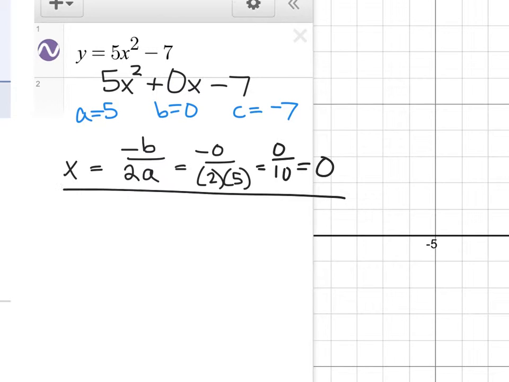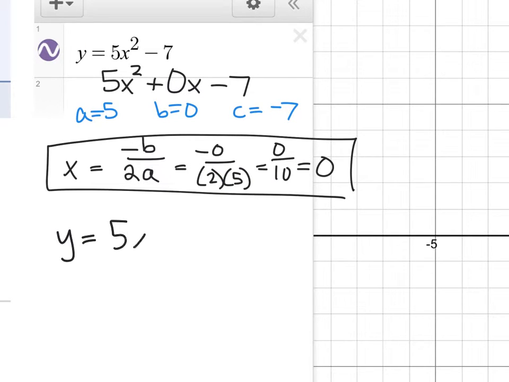So the x value is 0. Now that we know that the x value is 0, we're going to take our formula, which is y is equal to 5x squared minus 7, and we're going to take our 0 and insert it in.